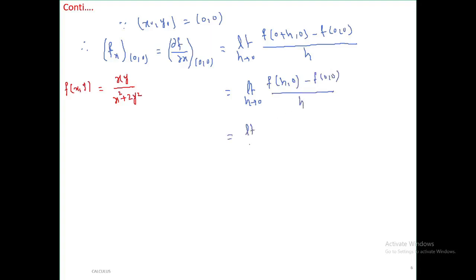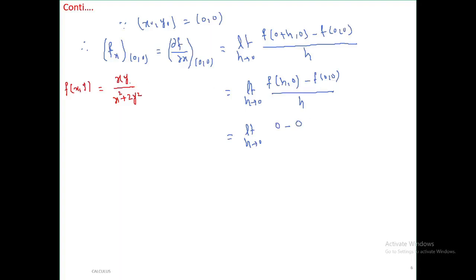So limit h tends to 0, f of h comma 0. In this, instead of x you write h, instead of y you write 0, so it is 0 by h square plus 0. So 0 by h square is 0, minus f of 0 comma 0. What is f of 0 comma 0? It is 0 only, because the function is defined at 0 comma 0.